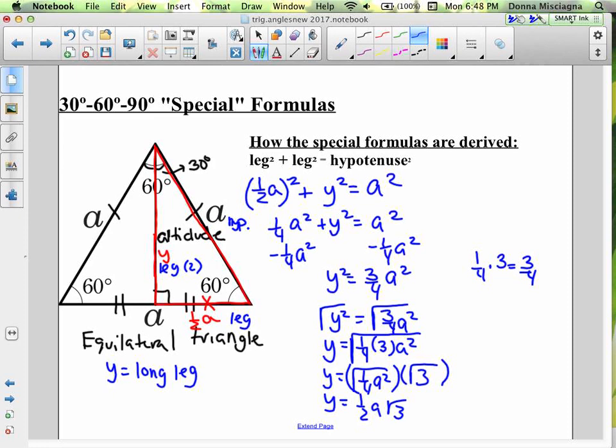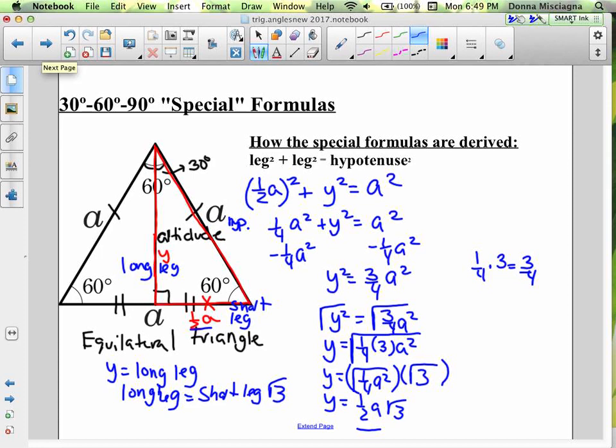So the long leg is equal to, now this 1/2 a, that's the short leg. So this one here is the long leg, and that's the short leg. And I guess I could have called it that from the beginning. But y here is the long leg, and the long leg is equal to the short leg times the square root of 3.